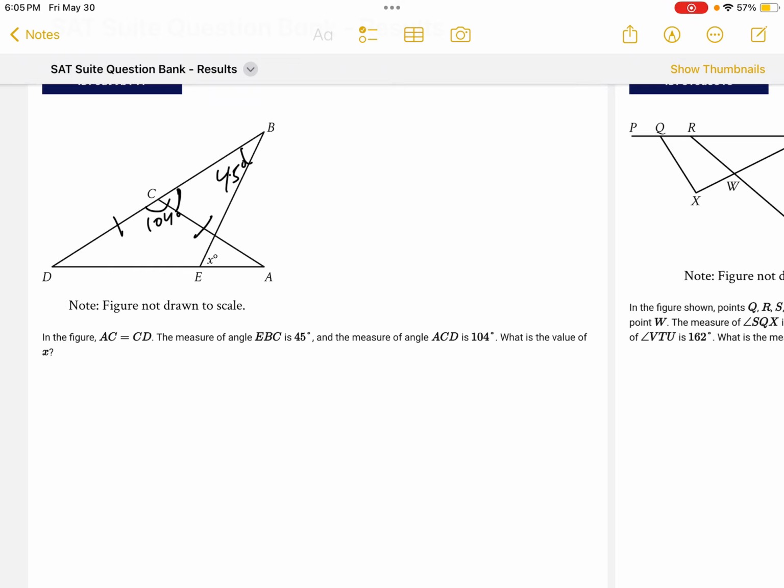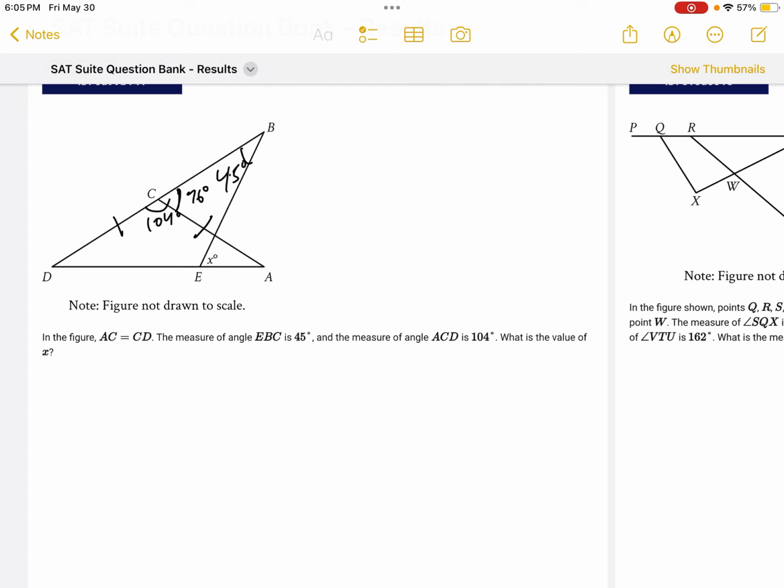Right here, I already see supplementary angles. Angle DCA and angle BCA are supplementary. So those two have to add to 180. So angle BCA is just 180 minus 104, 76.